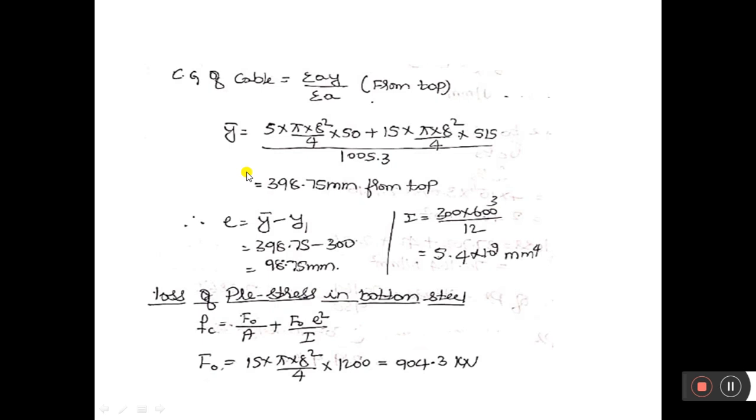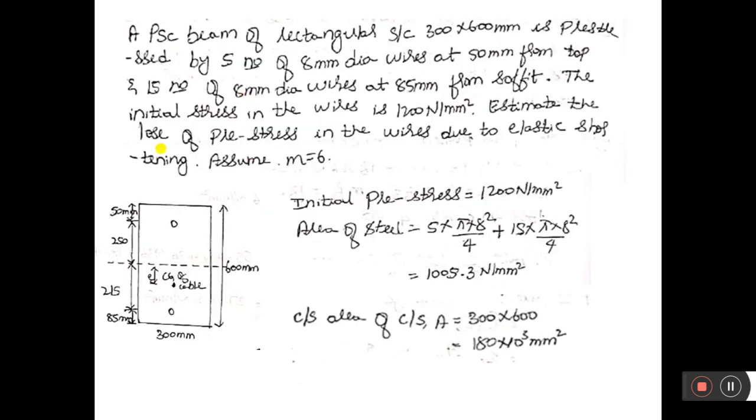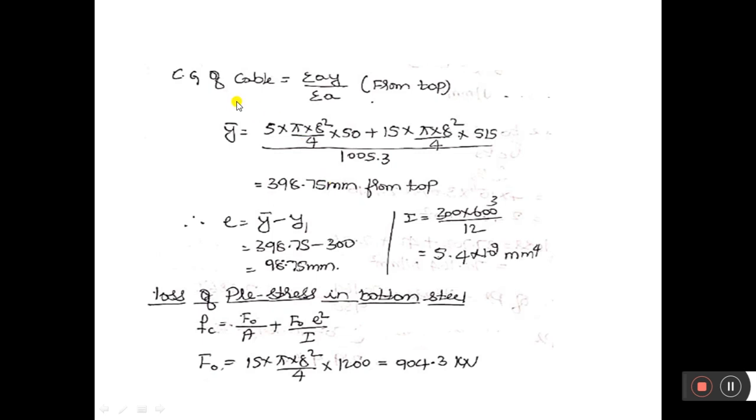And as I said we need to calculate the CG of the cable because we have cables at two different locations. So first let us calculate the CG of the cable with respect to the top fiber. We know the formula to calculate the CG of a cable.